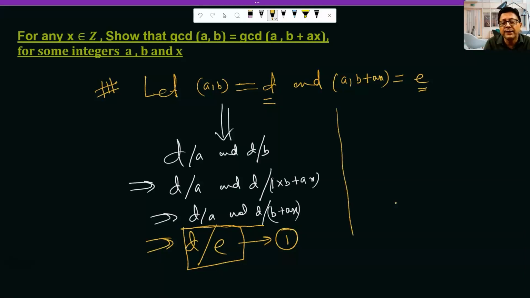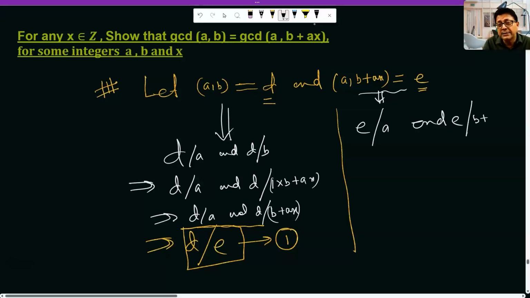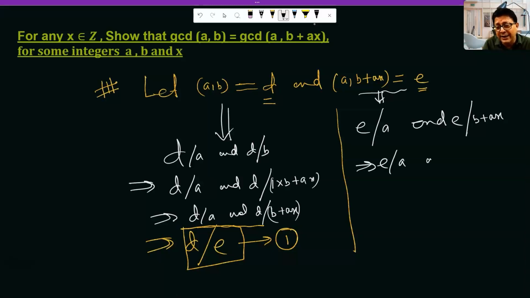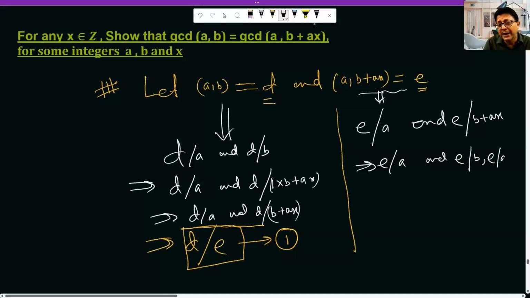So you remember this, that D divides E. Now let us start from here. E divides A and E divides B plus AX. This implies E divides A and E divides B, because E divides AX and E divides B plus AX.